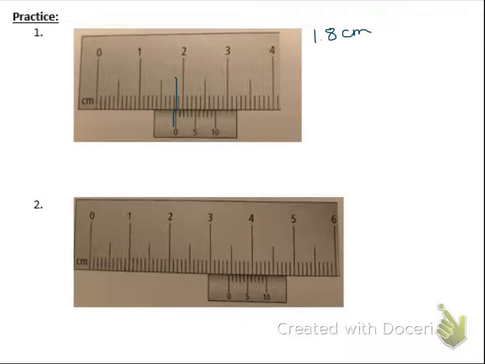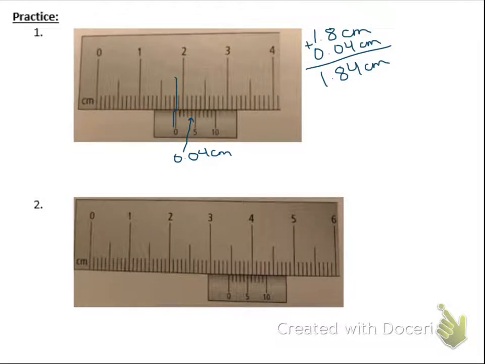And now we analyze the bottom scale and we look for which one lines up the best. In my professional opinion, it looks like it's this fourth one here. So that is representing 0.04 centimeters, because it goes 0, 1, 2, 3, 4. So we've got 1.8 centimeters and 0.04 centimeters, which gives us 1.84 centimeters because we add those two together.